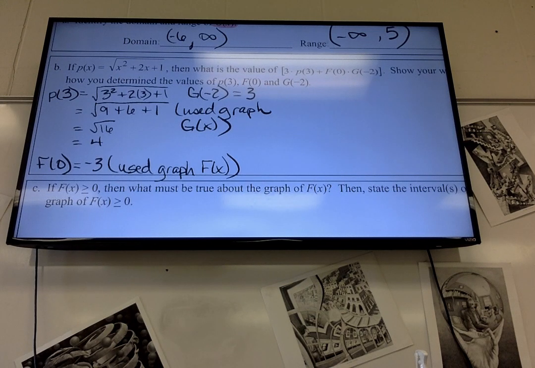So negative 3 and 3. Yep. So now we plug it in to this. So that is 3 times p of 3, which is 4, plus f of 0, which is negative 3, times g of negative 2, which is 3.